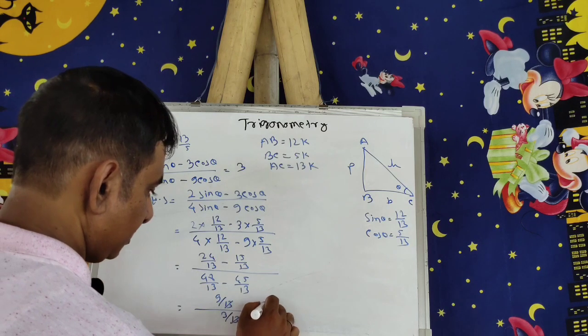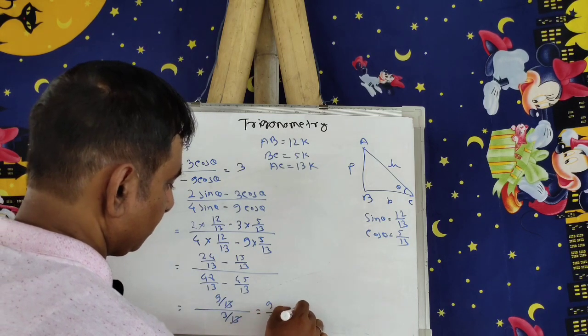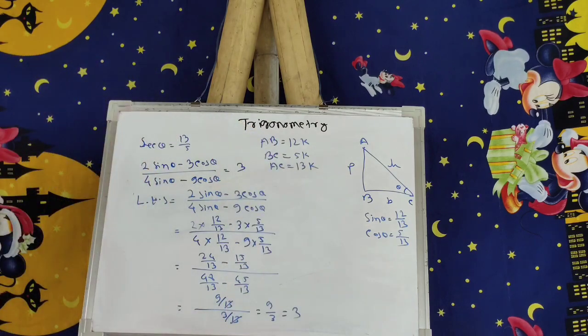Cancel it, 9 by 3 is equal to 3. See, this is the right hand side.